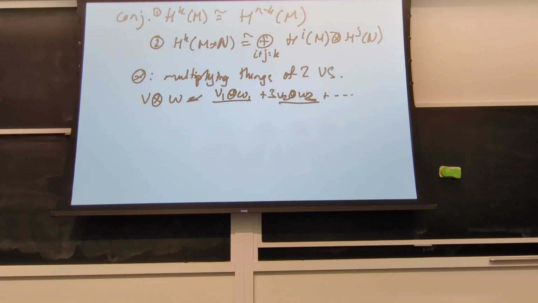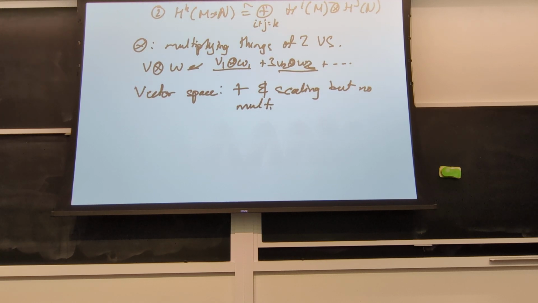And the idea is that, what is a vector space? You have addition and scaling, but no multiplication, right? So you can't, in general, multiply vectors. So this tensor product sort of fixes that by saying that you can multiply things from V and W, except what you end up with in your output is neither V nor W, it's this third vector space, which is V tensor W. And this vector space is essentially just formal linear combinations of these guys, satisfying the distributivity property, for example.